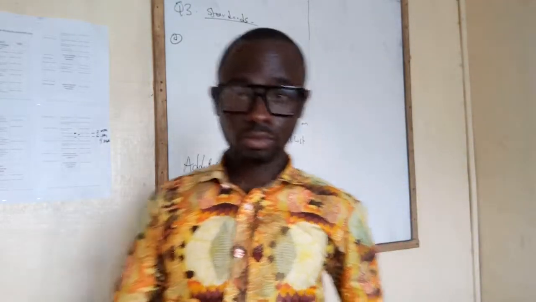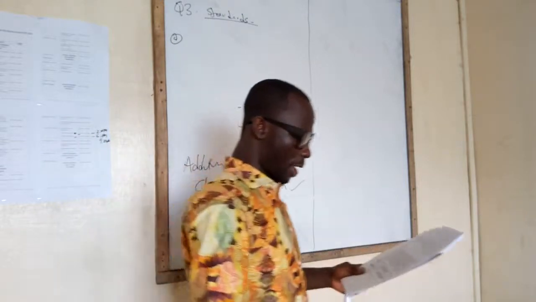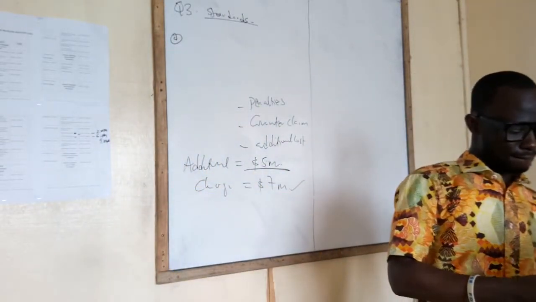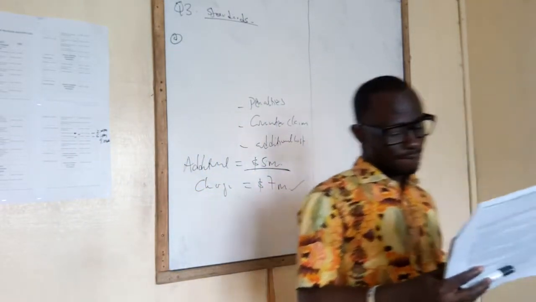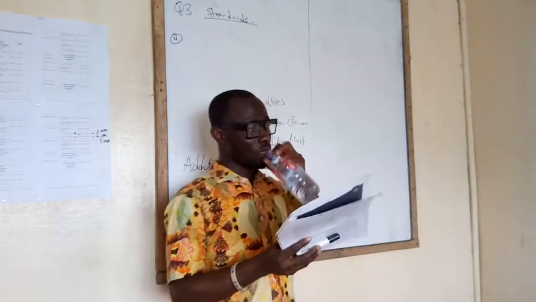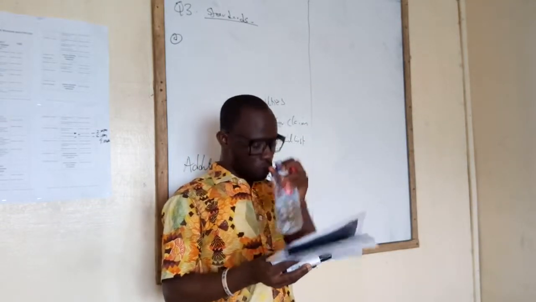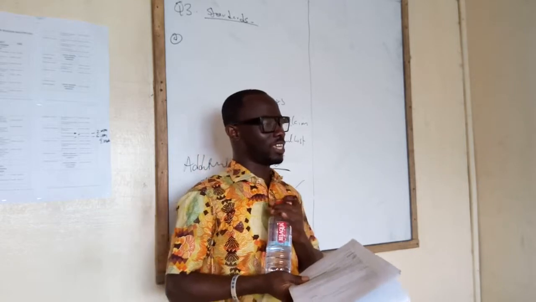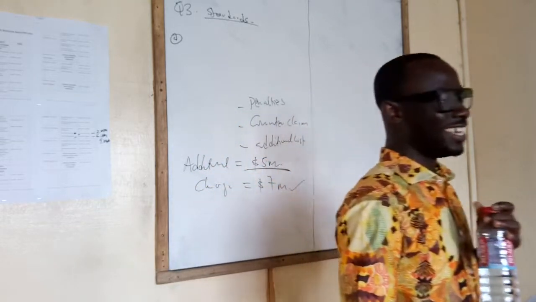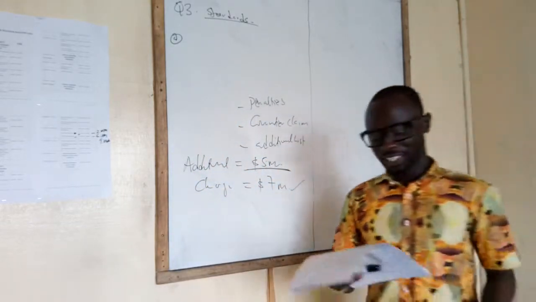But you can't capitalize administrative costs. And then wasted materials, on which basis is this to be capitalized? That is why the examiner is asking you to give them the advice based on relevant accounting standards.